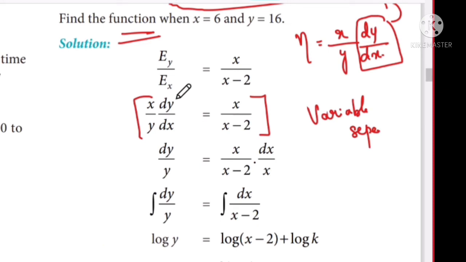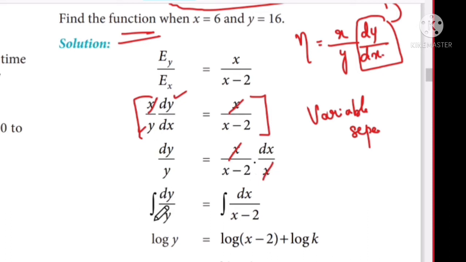The dy is here. Keep the dy terms on the left side and all the x and dx on the right side. So dy by y, you can cancel this x and x. So you get dy by y is equal to dx by x minus 2.